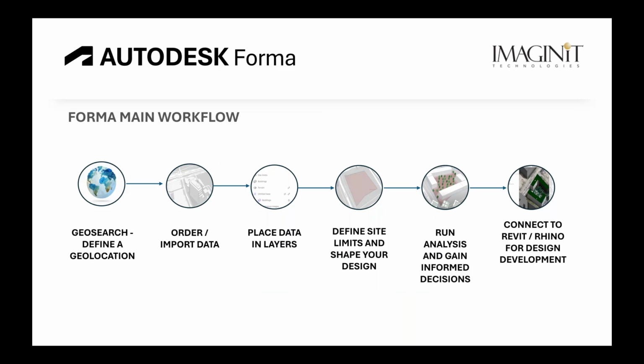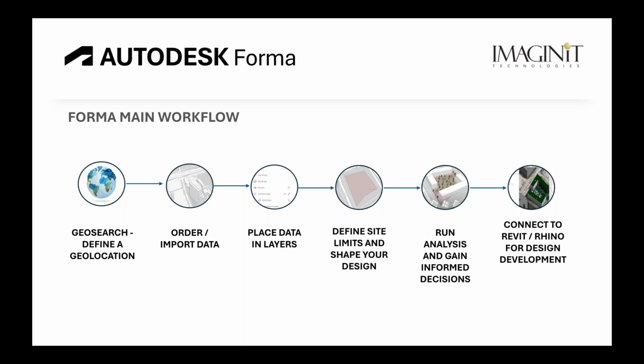Now, this slide talks about the Forma main framework or main workflow. Essentially, in Forma, you start by doing a Geosearch exercise or define a geolocation. Then you move on to a data acquisition process where you order and import data, manage it, and place data in layers.